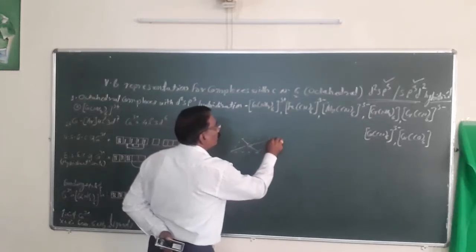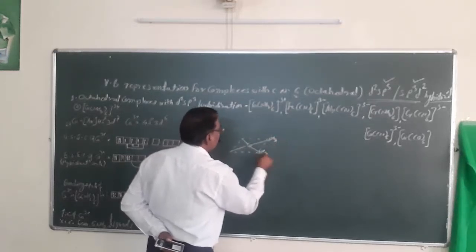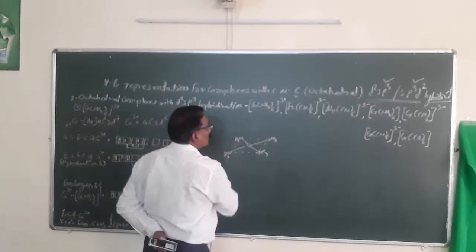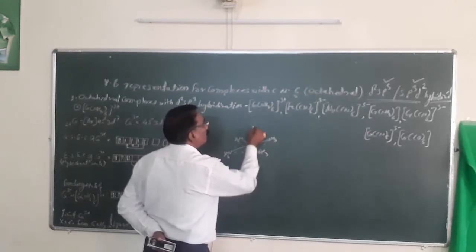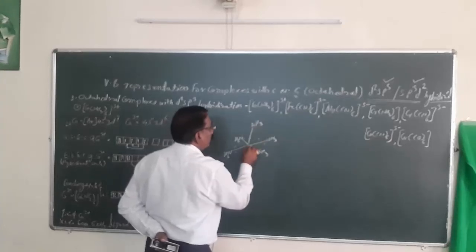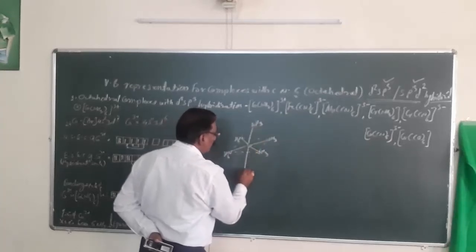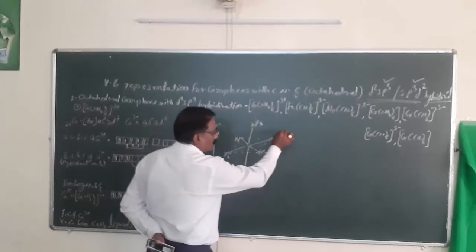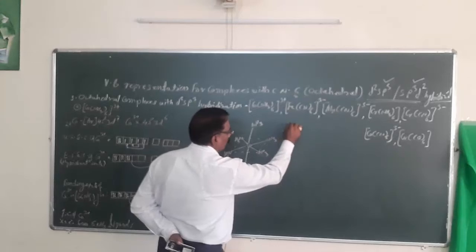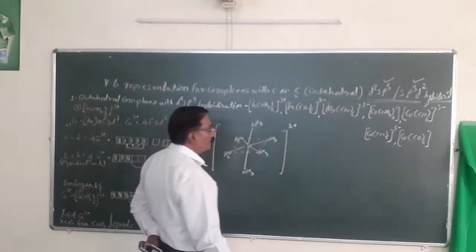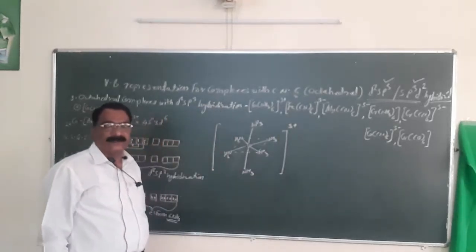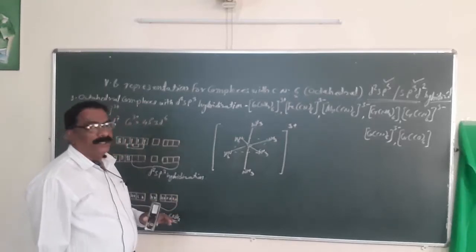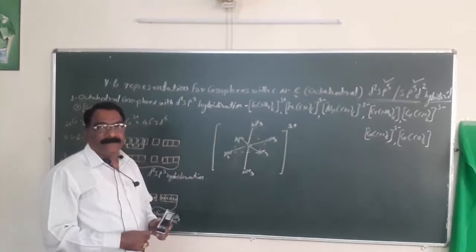So here 4 NH3 and this cobalt metal are in the same plane. One ligand is above the plane and one is below the plane. So this is the structure of this complex, [Co(NH3)6]3+, with hybridization d2sp3.